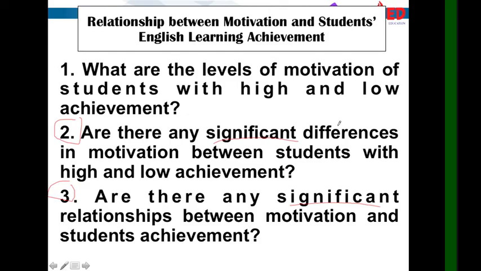So, ang hypothesis sa number 2 ay there is a significant difference. Usually, ang ginagamit nila is null hypothesis. Null means there is no significant difference in motivation between students with high and low achievement. And number 3 is there is no significant relationship between motivation and students' achievement.